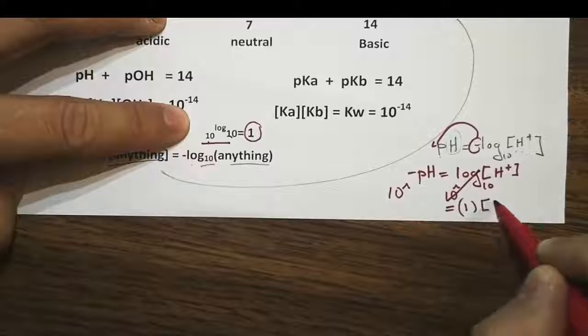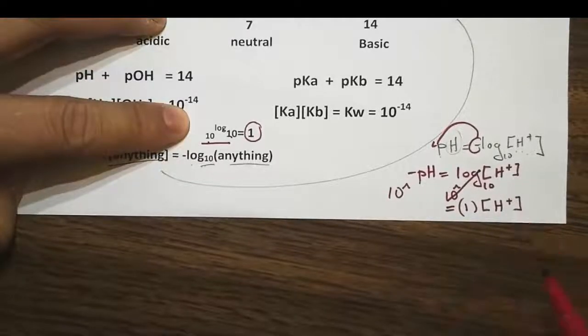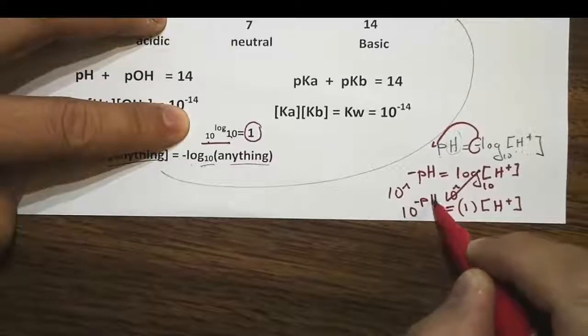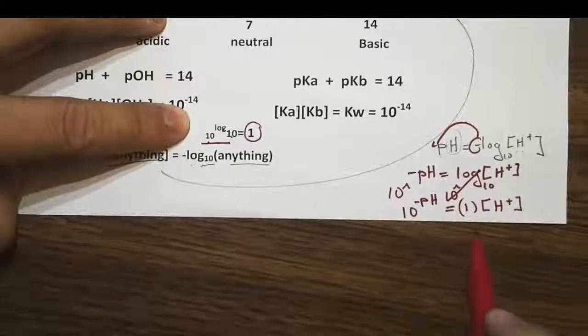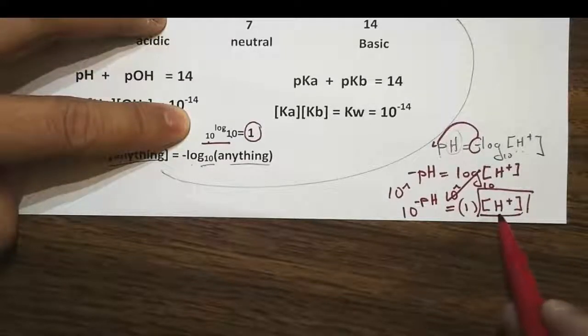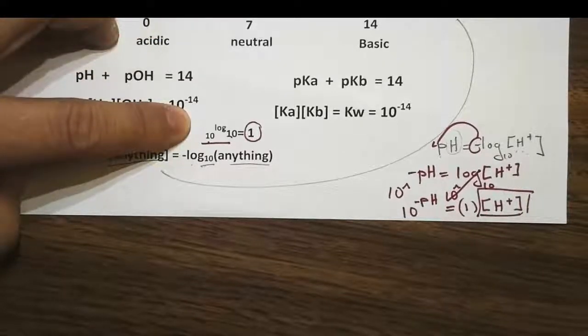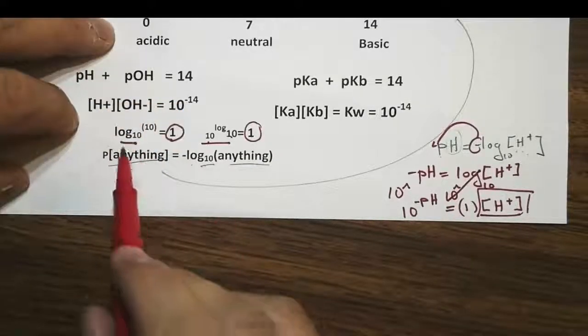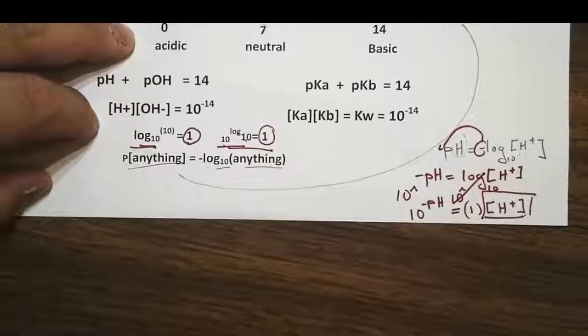So now we have 1 times the concentration of H plus equal to 10 to the power of negative pH. And if that's the case, of course we can now solve for the concentration of H plus or OH minus. You see the power of the anti-log and these two important rules right here.